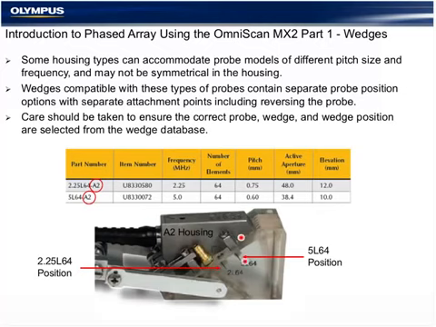Different models of housings have positions on different wedges, and it's very important that the calculator know exactly the orientation and size and parameters of the wedge. And in this case, an A2 family probe can go on a compatible wedge with slots for either position.